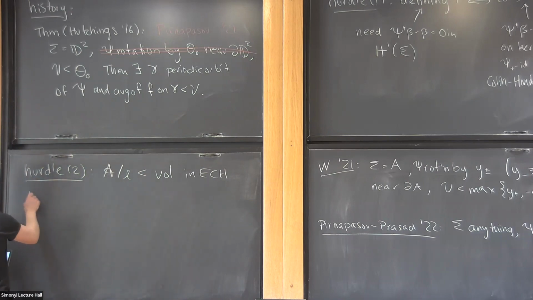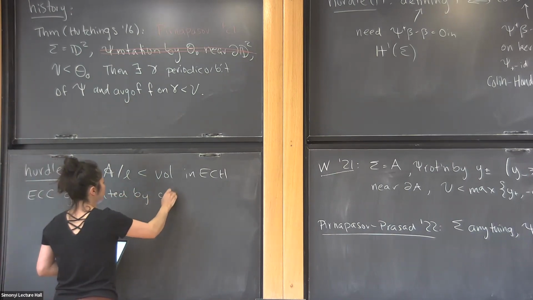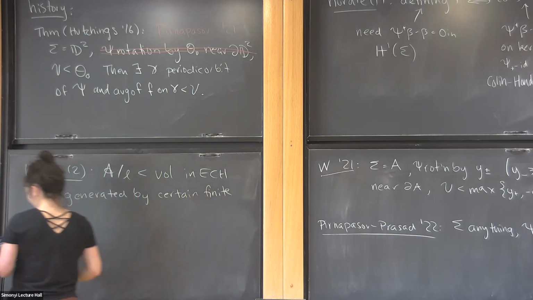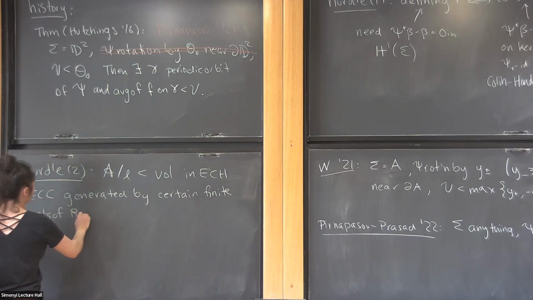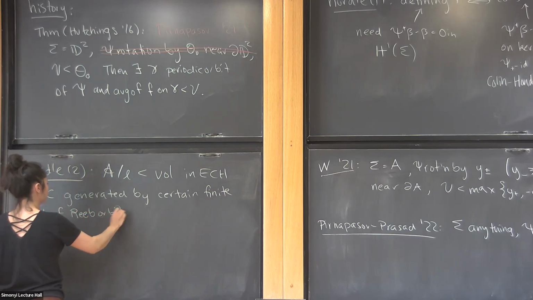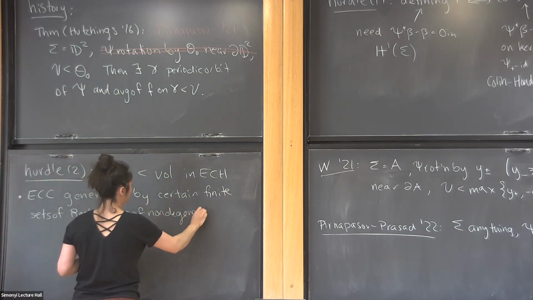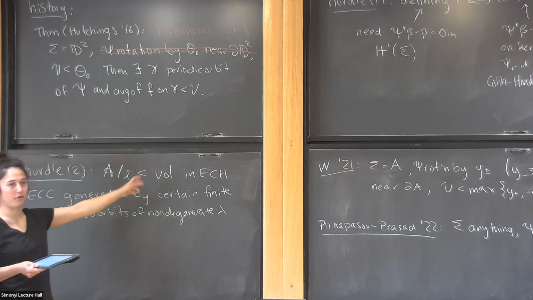Okay, so the ECH chain complex is generated by certain finite sets of Reeb orbits of non-degenerate contact forms. Certain means that if you have a hyperbolic orbit, it can only appear with multiplicity 1.